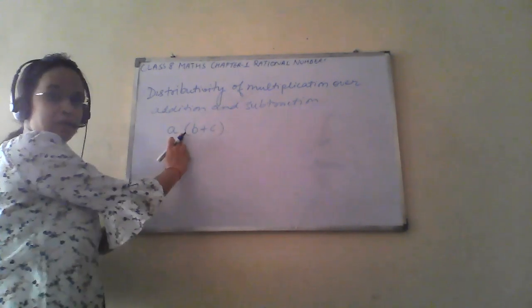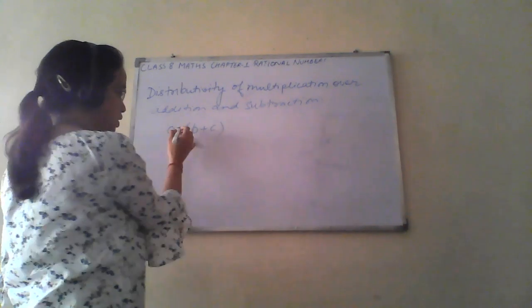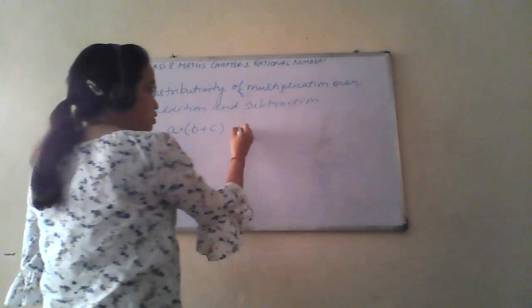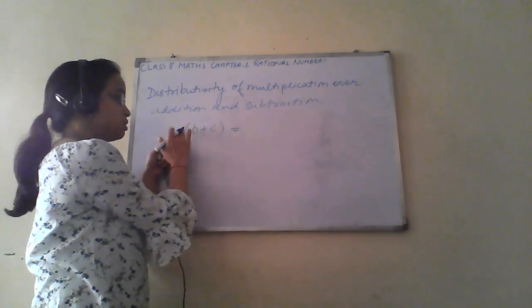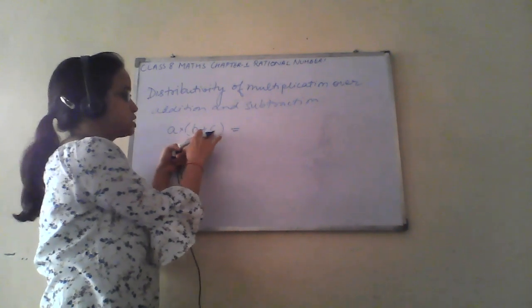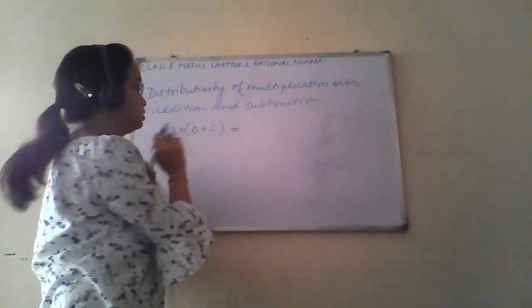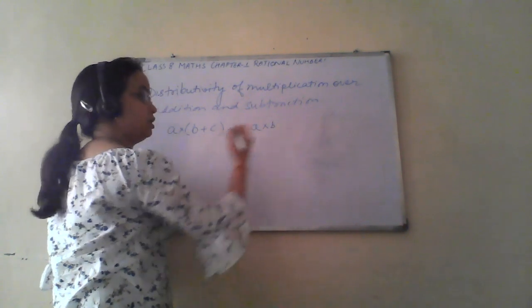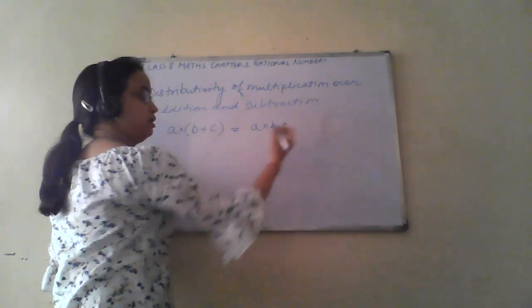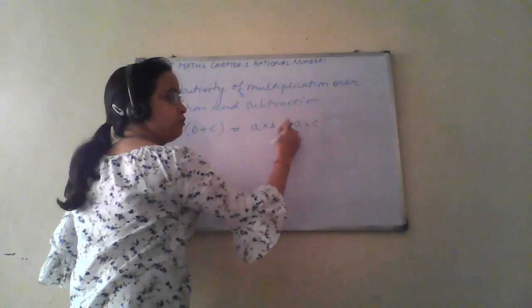Now we will write the general statement for the same. If there is no sign, that means it is a multiplication. We will distribute this multiplication sign over this addition sign. It is simply: first we multiply a and b, then a and c, and we add.